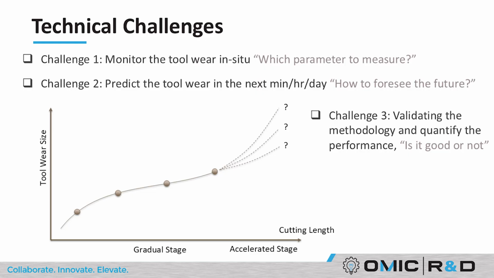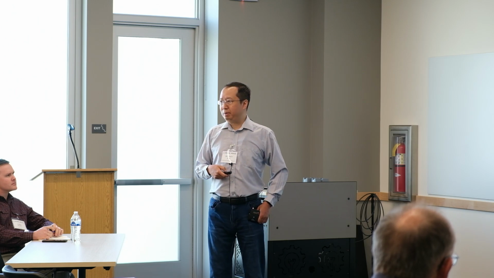And the vertical axis is the tool wear size. If you look at their relationship, they are quite nonlinear. This nonlinearity makes the tool wear process hard to predict.